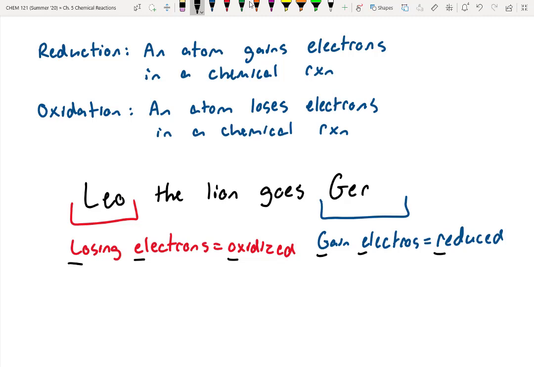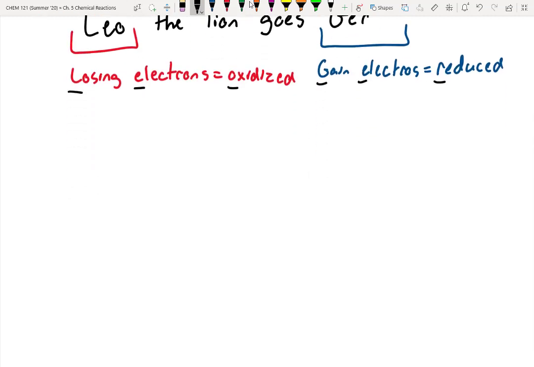All right. So in order to determine if electrons are lost or gained, we must compare something called oxidation numbers or oxidation states for individual atoms. So let's go ahead and figure out how to do that. So I'll just write this down, assigning oxidation number.